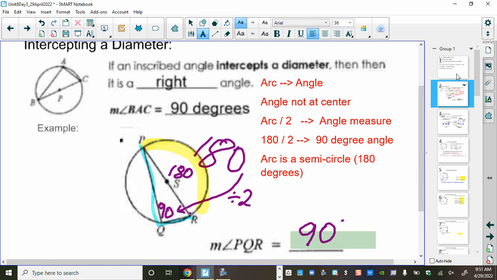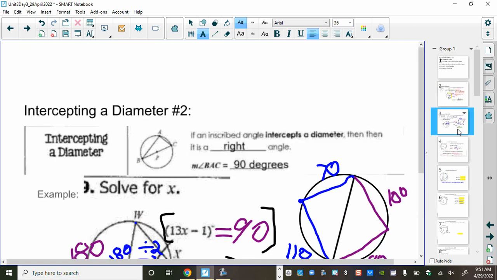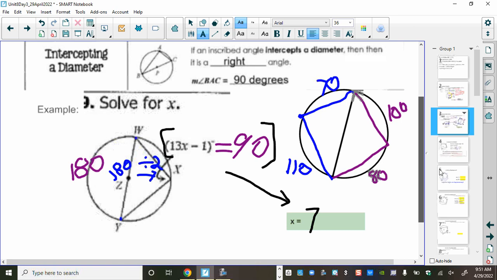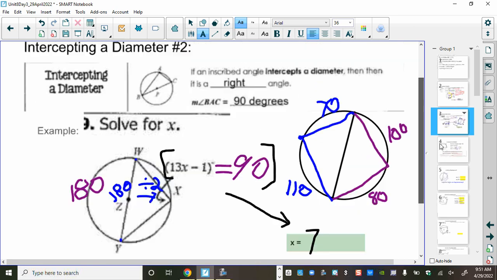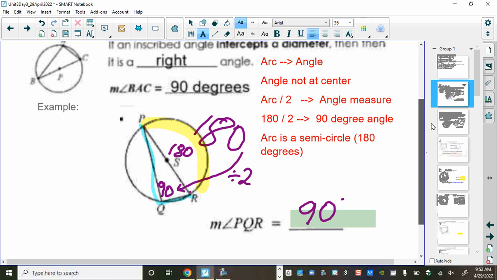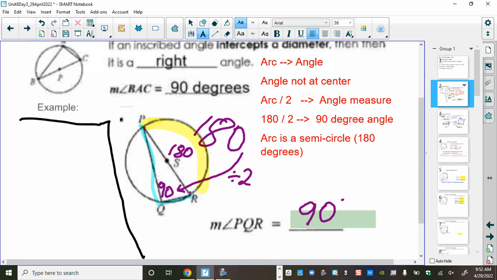Let me put that back here. I'll just put it over here. Angle to arc, multiply by 2. And if my mouse ever works.